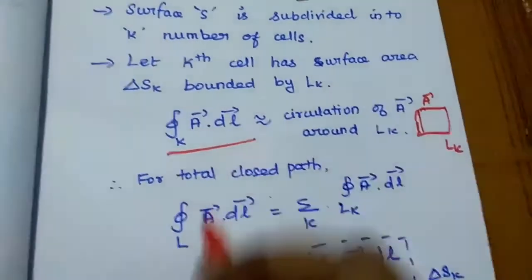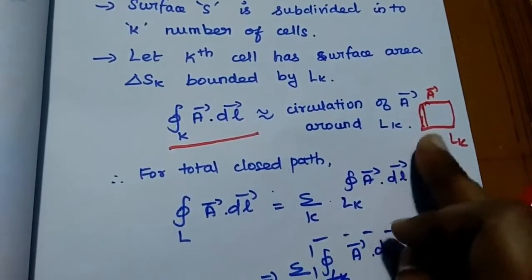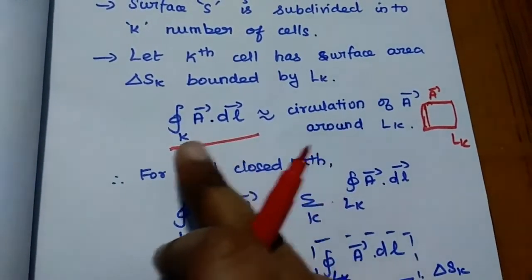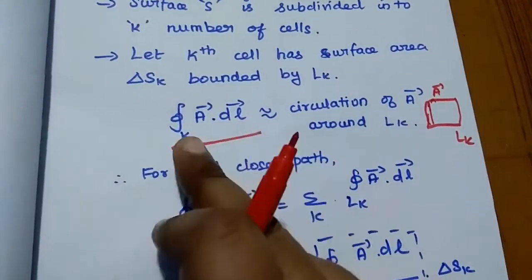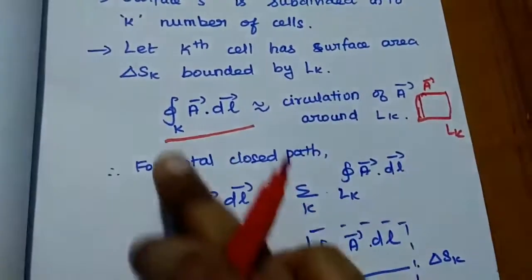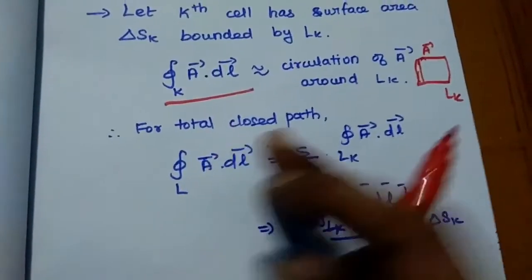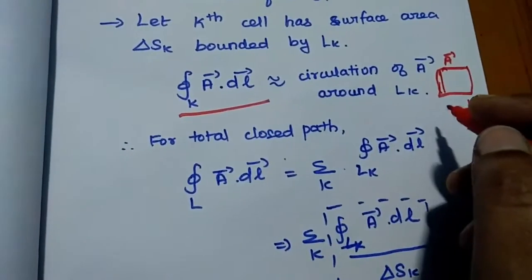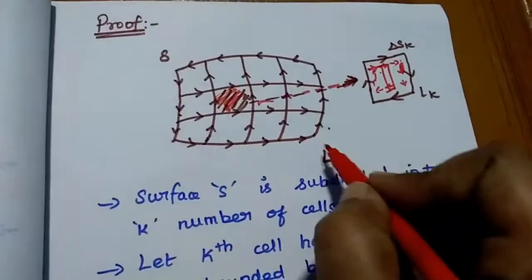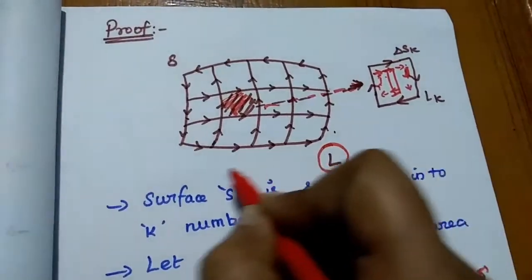So the circulation around this particular path is the line integral of A dot dl over the length Lk. Now, to find it for the overall closed path, I am going to find the circulation for the overall closed loop.